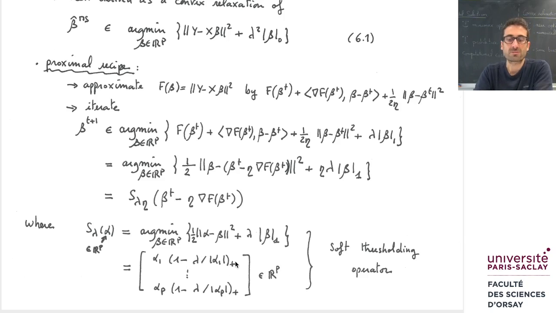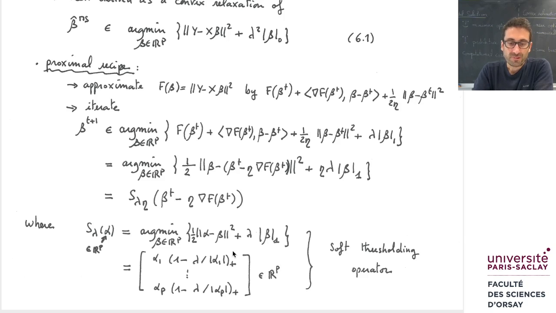So this is the soft thresholding operator, and what we have seen in the last lectures is that this is the solution of this minimization problem, where we have 1/2 of alpha minus beta squared plus lambda times the L1 norm of beta.